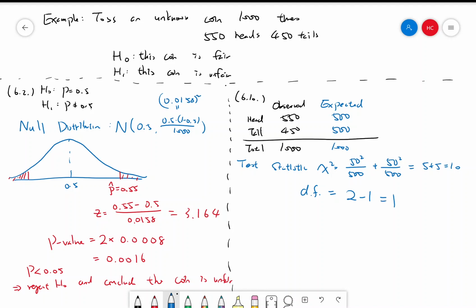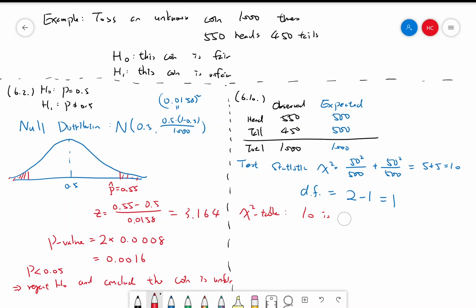If you look at the chi-square table, you will notice that the number 10 is not in the chart. Sorry, I lost the table here. Okay, so degree of freedom is 1, and the number 10 is outside the chart.